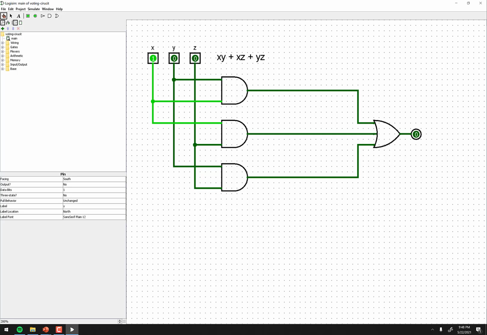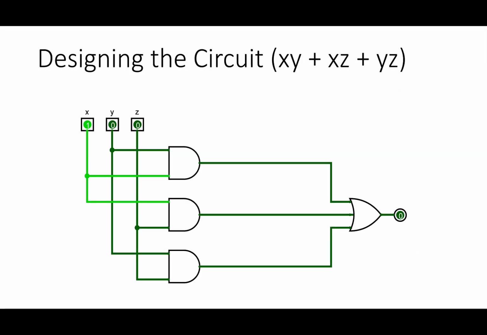Okay, so hopefully we're seeing the big picture here. We come up with an idea that we think can be implemented in a logic circuit: light switches, voting, traffic lights, whatever, you name it. We throw it into a truth table, we figure out the outputs of the function.